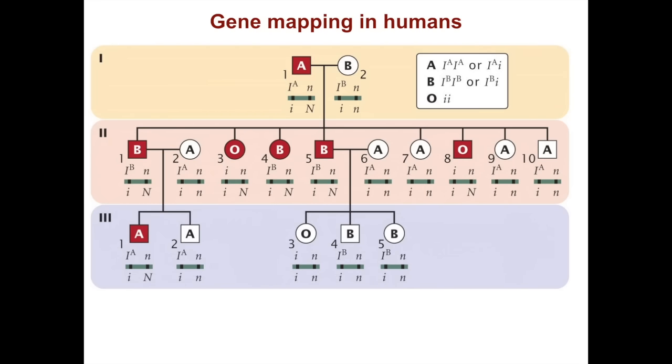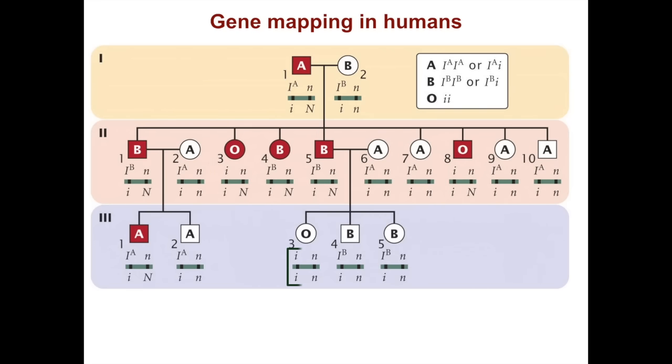In the second generation, all children with nail patella syndrome have either blood type B or blood type O, indicating that the genes for the syndrome and for the blood type are linked. Nail patella syndrome does not develop in children of generation 2 with blood type A, because that blood group is not linked with the disease allele.